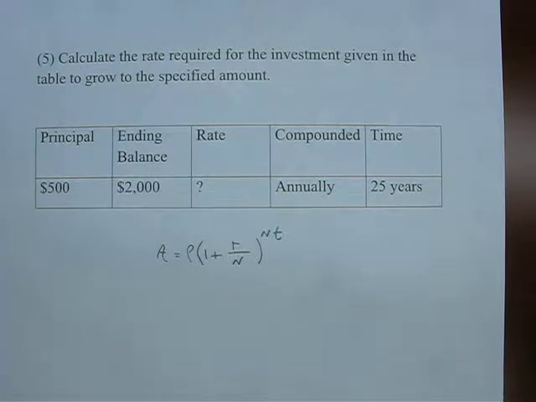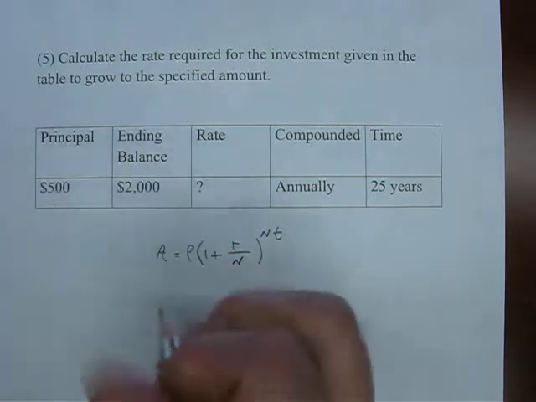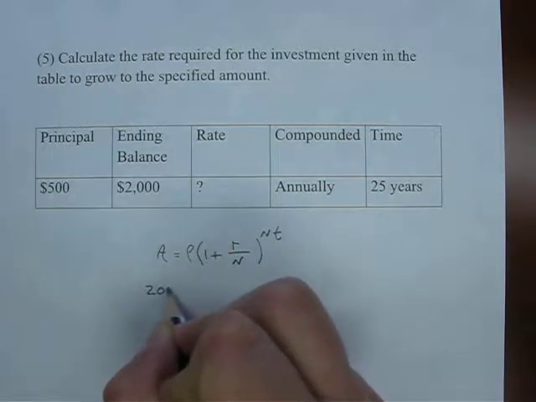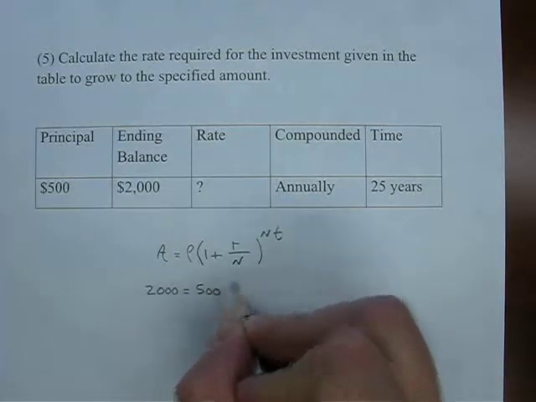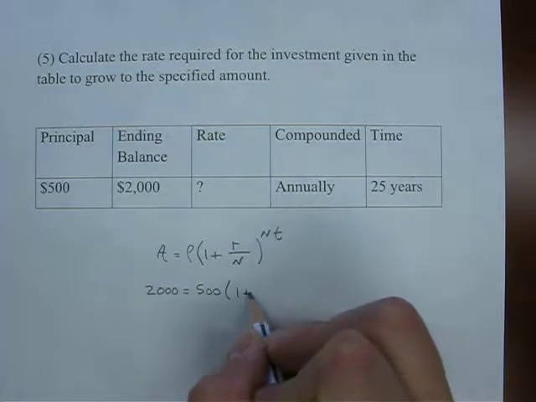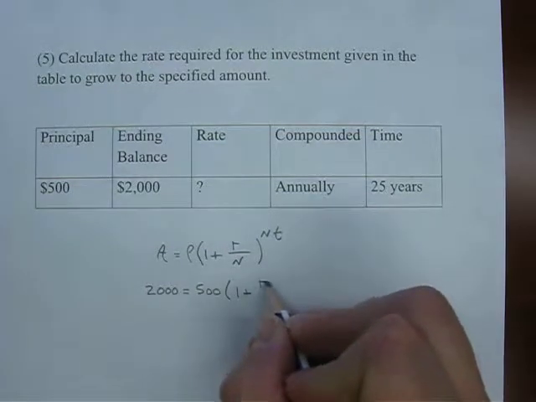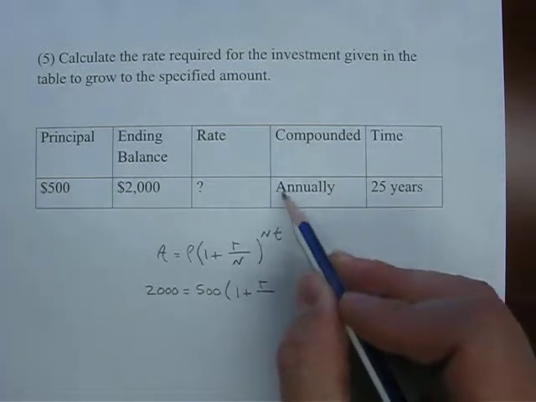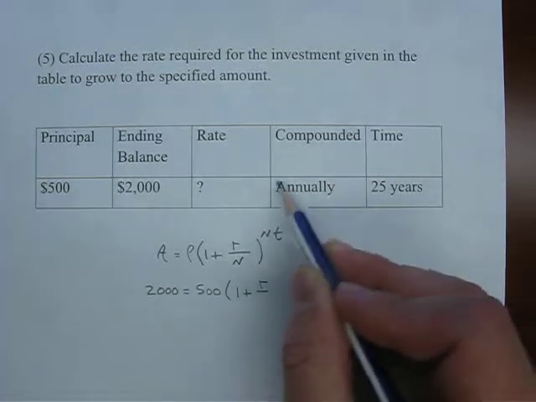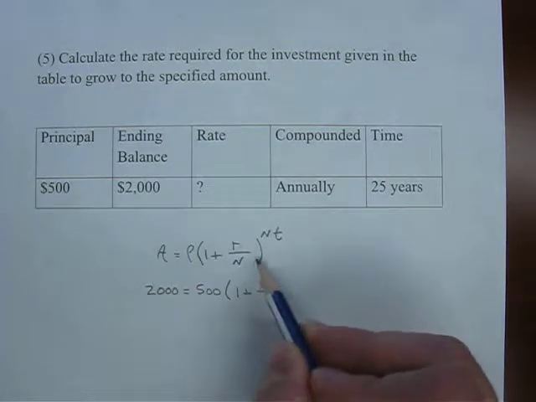So we're ending up with 2,000. We're starting with 500. I don't know the rate, but I'm compounding annually. How many times am I compounding the interest? 1 time per year.